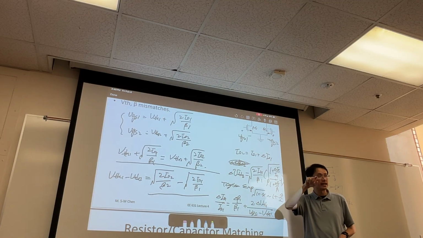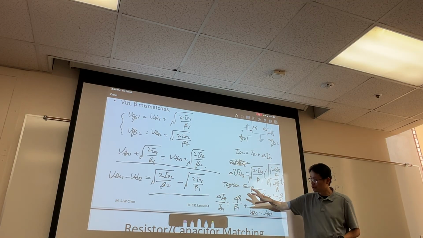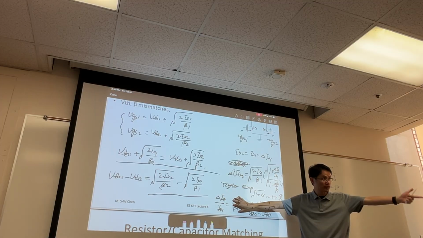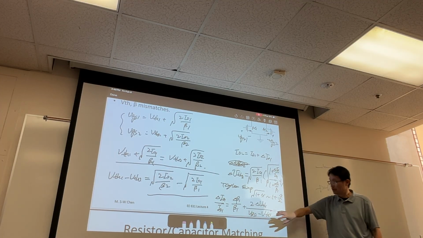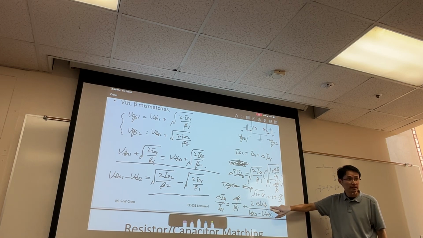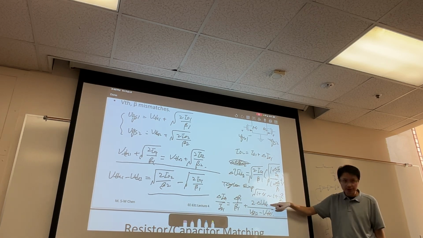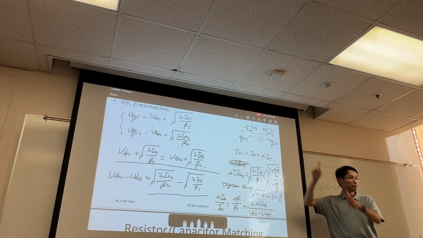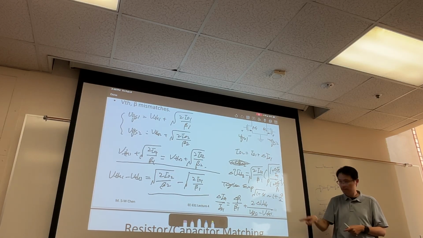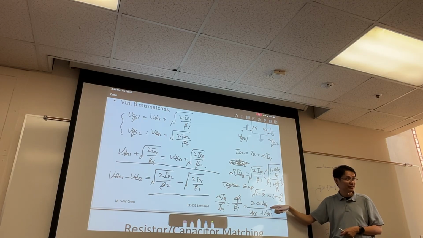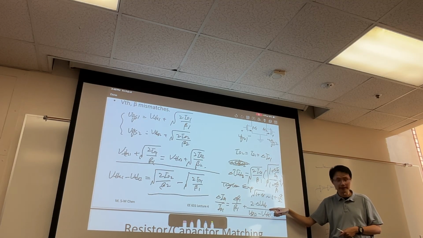Beta is mu Cox W over L. So your mobility errors and your W over L ratio errors will affect it. The second factor, which is a big factor, is your threshold voltage difference between the two. Remember delta VT, the AVT over the square root of area? That factor is going to kill you.